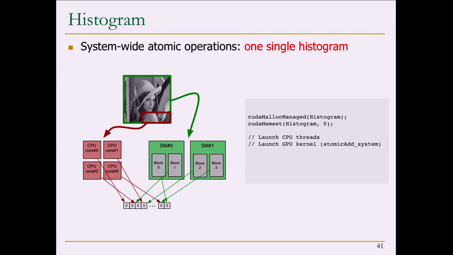We need to bring the page to the GPU memory and update the corresponding bin there. If just milliseconds later one CPU thread wants to update the same bin, we will have to migrate this page back from the GPU memory to the CPU. So that's why this is not very efficient from the performance point of view.